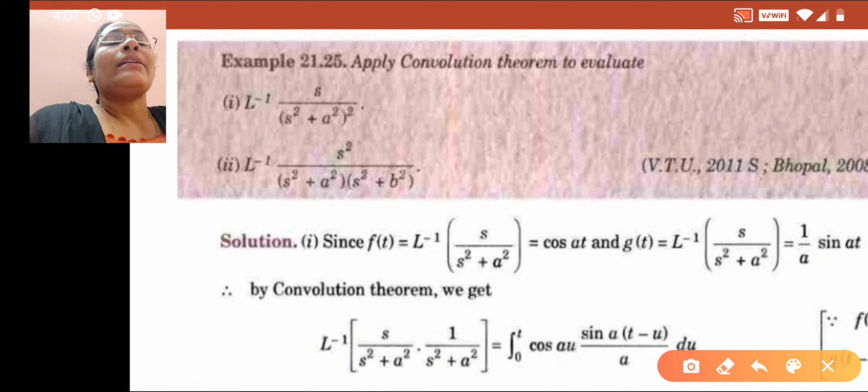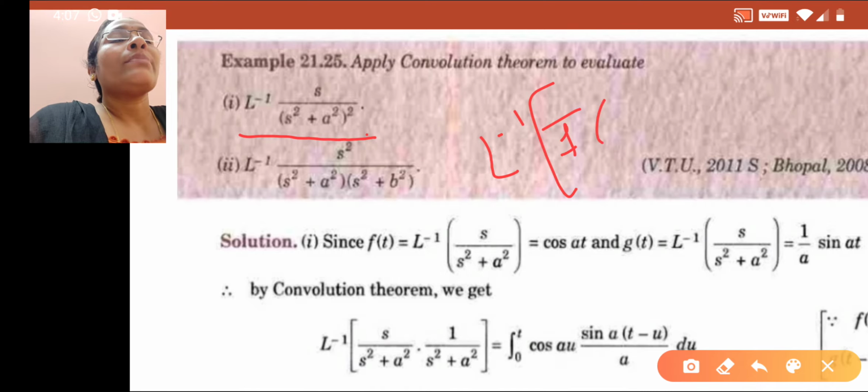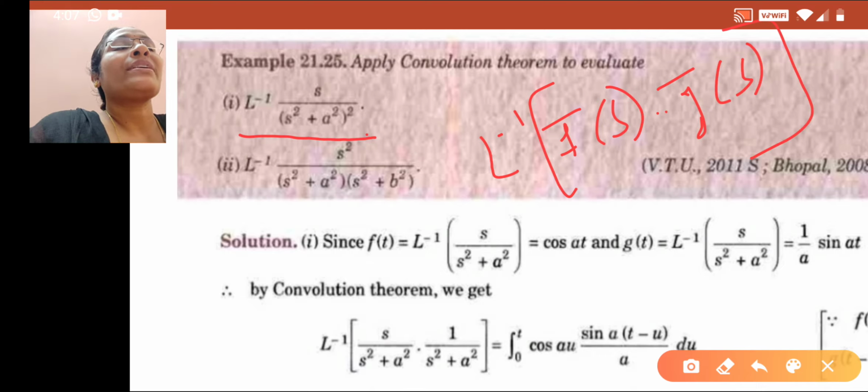Here, compare the problem L inverse of s by s square plus a square whole square with L inverse of f bar of s into g bar of s. Write this expression as the product of two functions.